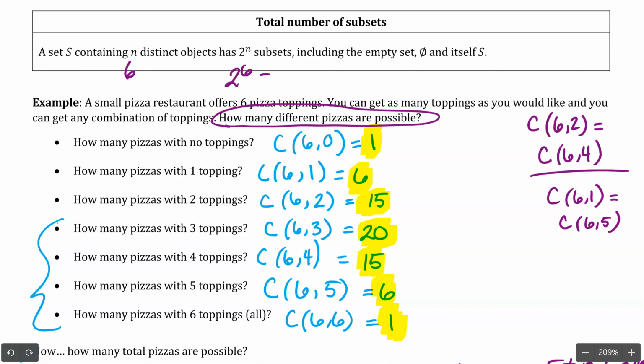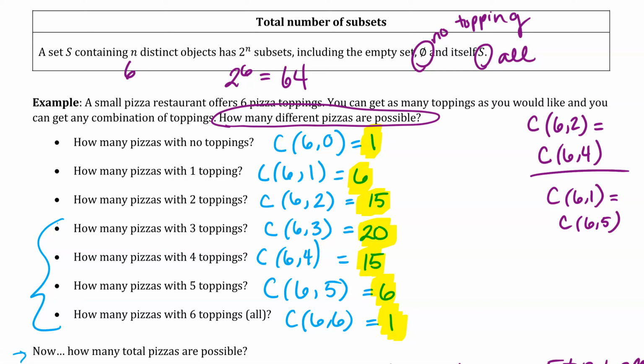So 2 to the 6 would be our total number of subsets, including the empty set, that's no toppings, and including the entire set, that's all the toppings. What is 2 to the power of 6? That's 64. That's where 64 comes from.